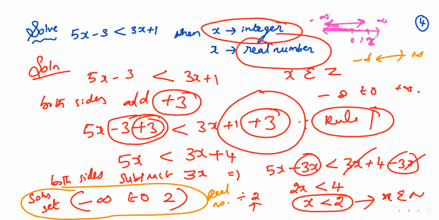But it excludes 2 because it is less than 2. You should not include 2. So from minus infinity to 2 is your solution set. This is x belongs to natural number. This is x belongs to real number.